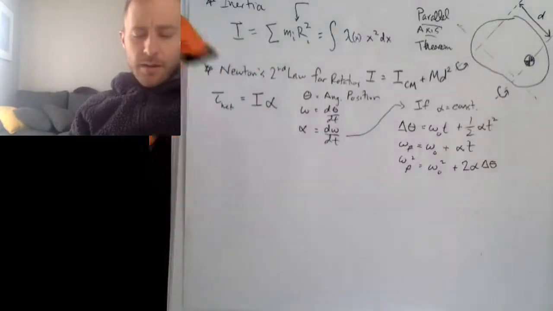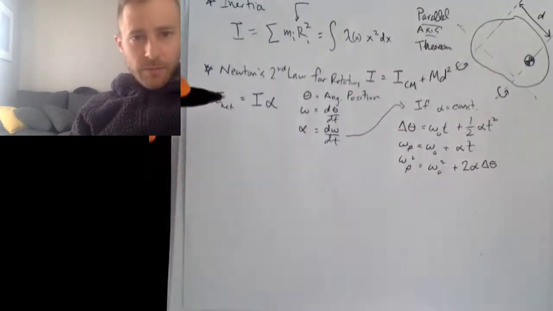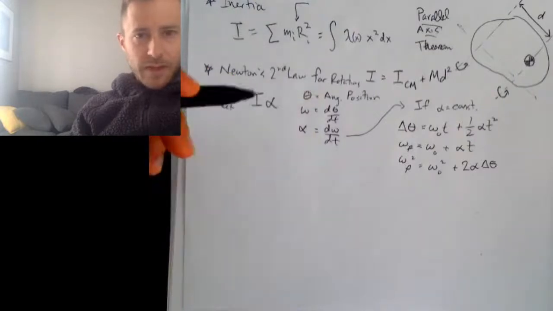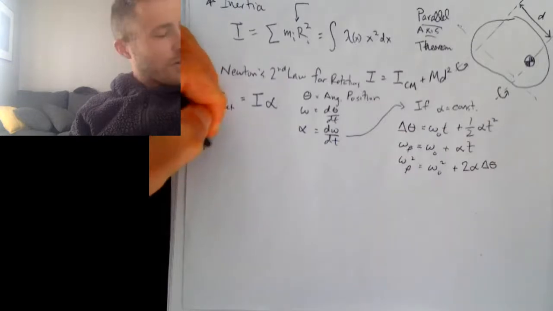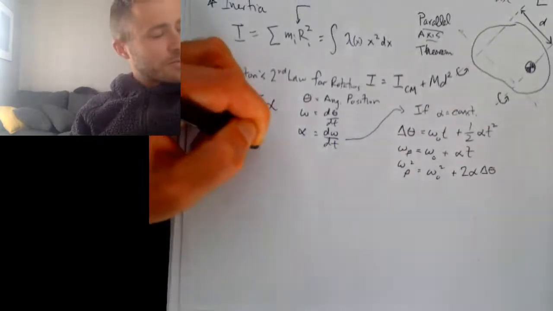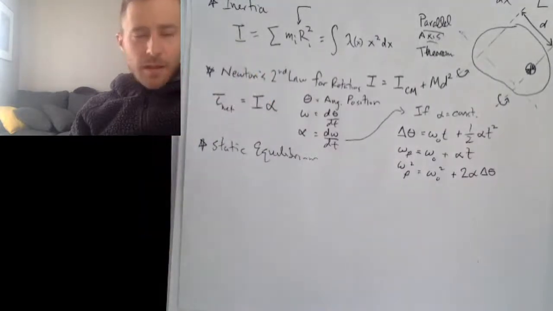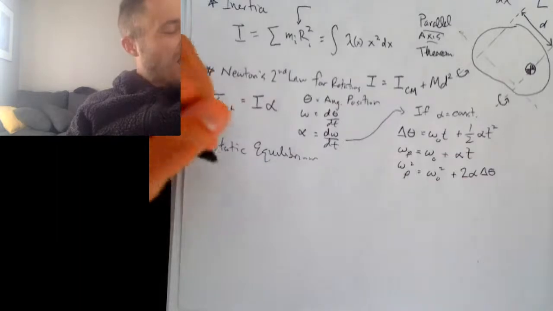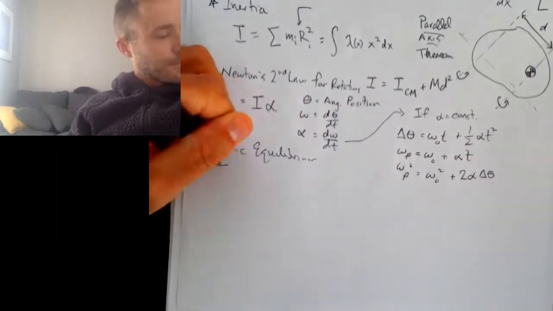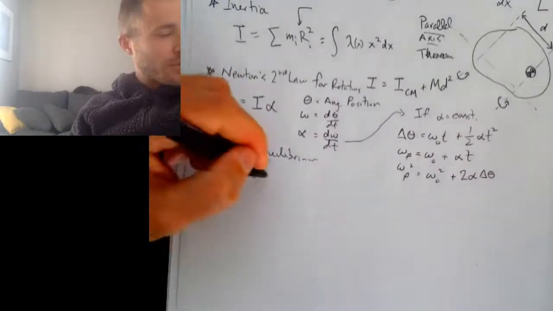So oftentimes what you'll find is that the net torque is 0, and so that means there's no angular acceleration. And we solved some problems that are called static equilibrium problems. And so for static equilibrium, the net torque is equal to 0, which says that it is not rotating.